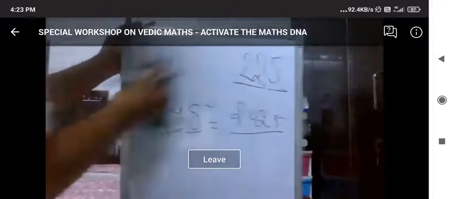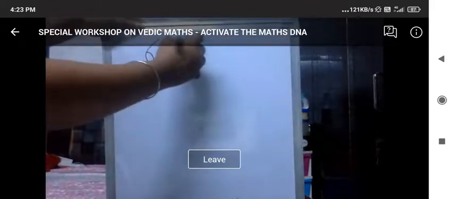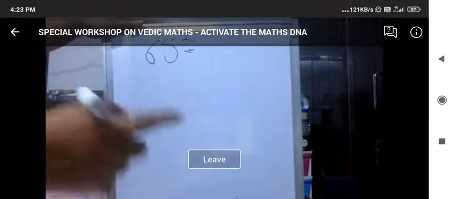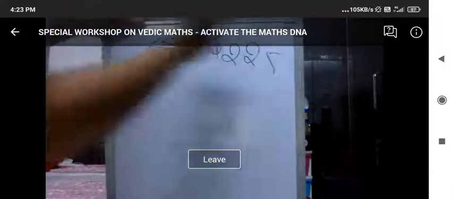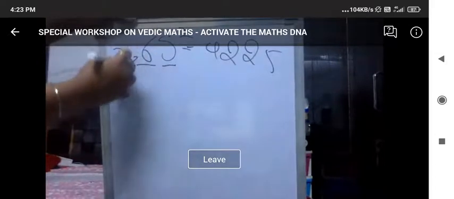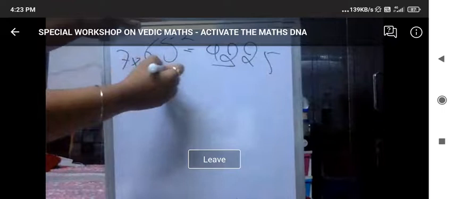We'll go to the next number. Now I'll ask you numbers randomly and you have to answer. For example, my number is 65 square. Yes. Who can answer? Yes, absolutely. The answer is 4225. 6 multiplied by successor 7 will give you 42. And in the end of 5 square, 25.